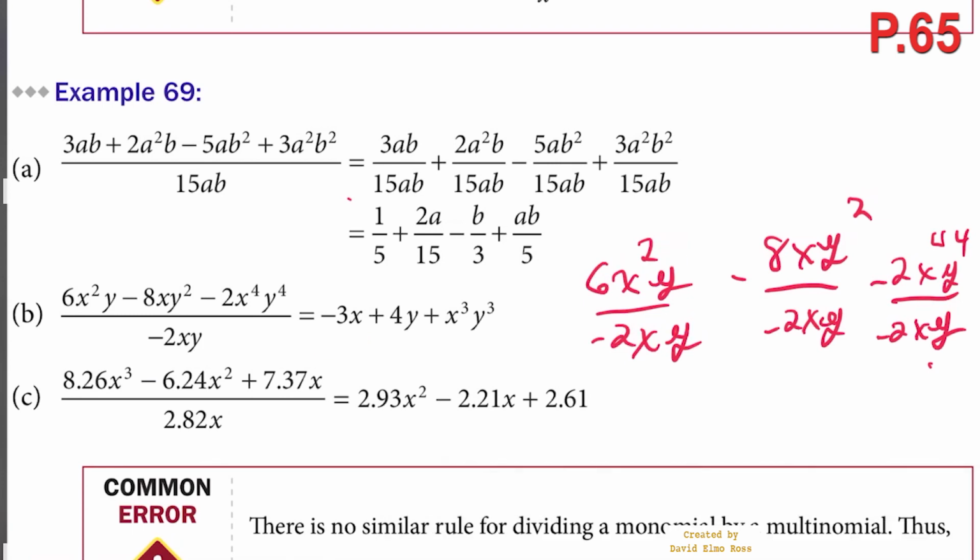On this one, we have minus 8 over minus 2, which is going to give us 4. We have x over x cancels out, and we have y squared over y, so that's going to give us a total of 4y.